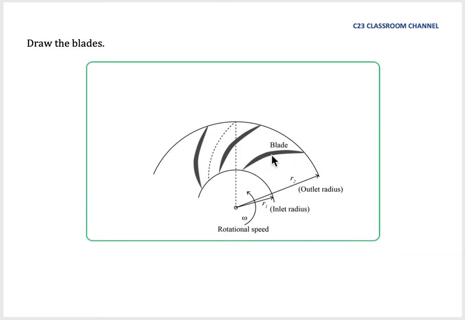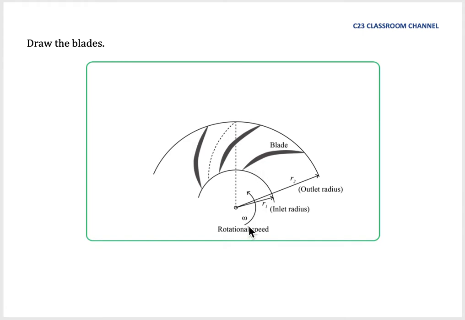If the blade is radial, the blade is 90 degrees at the point where you are standing, so we call that blade radial. If the blade is facing forward in front of you, the blade type is forward. I will talk about this later, but first we need to draw the blades. It depends on the question whether it is backward, forward or radial blades.